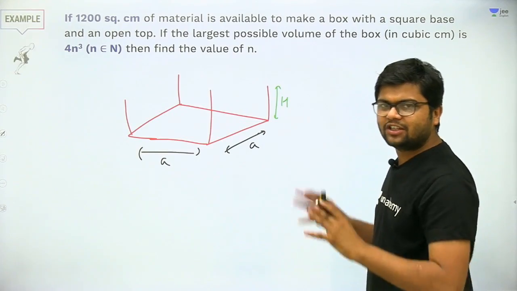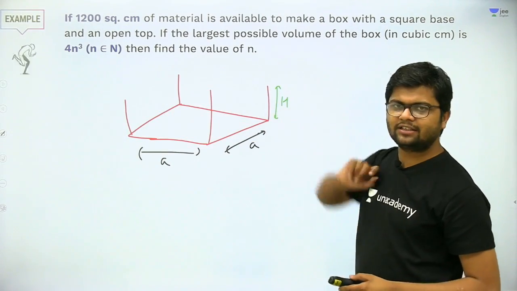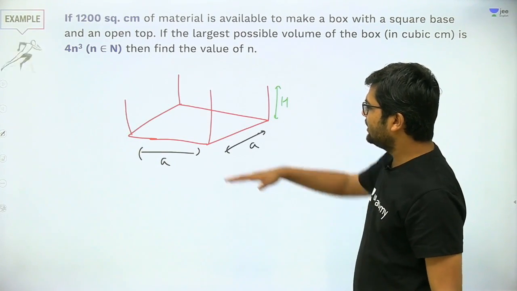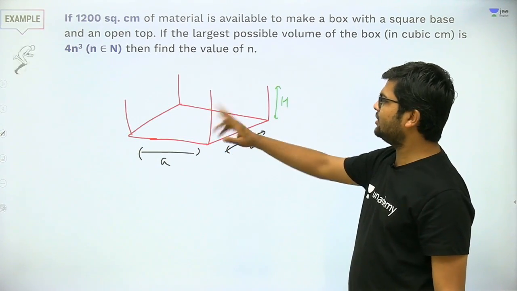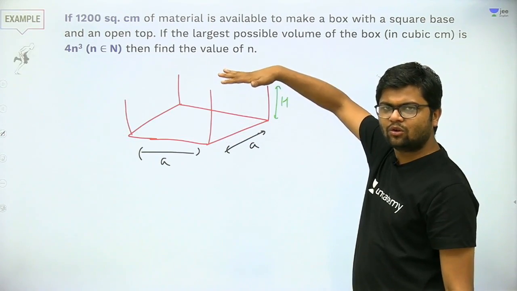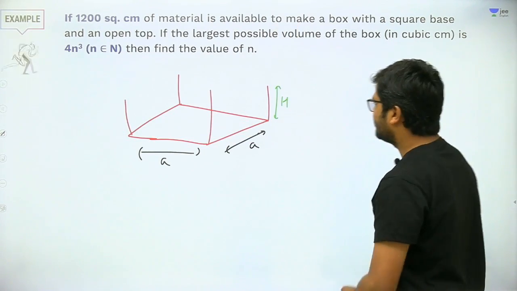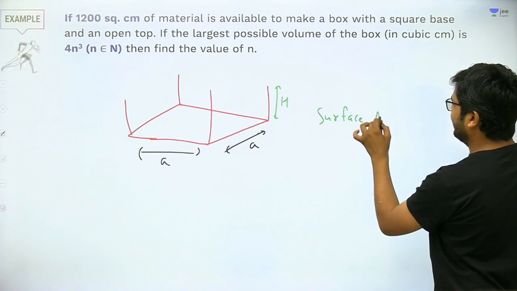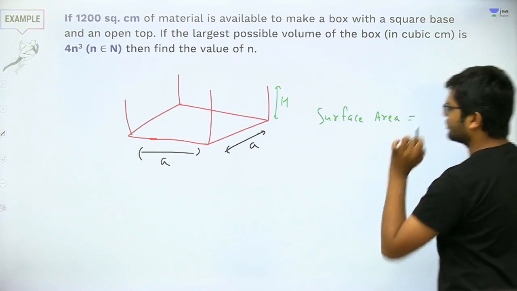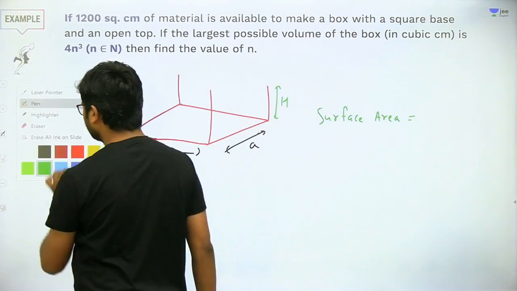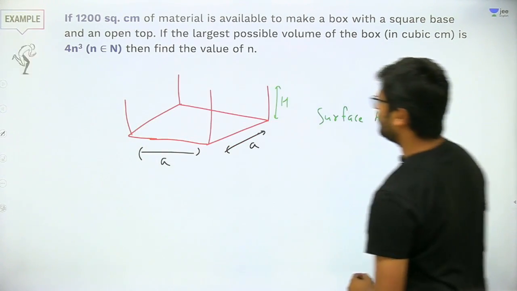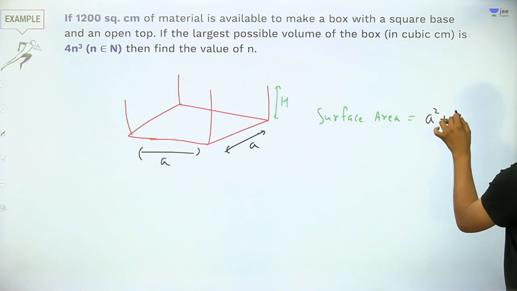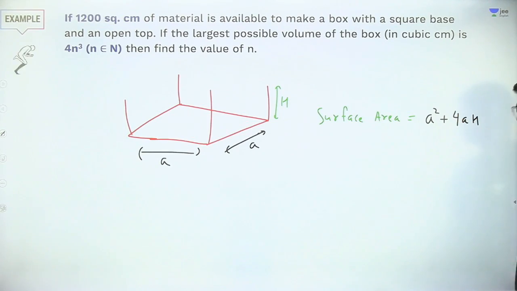Now the surface area, which is given to me as 1200 centimeter square, will be the area of the base plus the area of the four sides, because there is no roof, so a roof cannot be counted. So the surface area of the box will be: area of base is a square, and area of a face is ah, and there are four faces, so it will be 4ah.